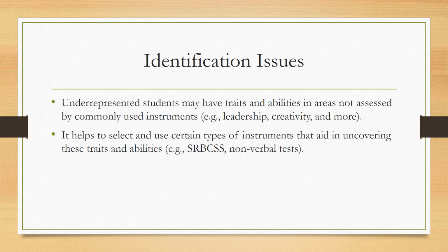That stands for the Scales for Rating Behavioral Characteristics of Superior Students, and that's a checklist that is able to identify more underrepresented students. Nonverbal tests. Instead of using verbal IQ tests, for example, there are some very good and reliable nonverbal tests that we'll talk about.